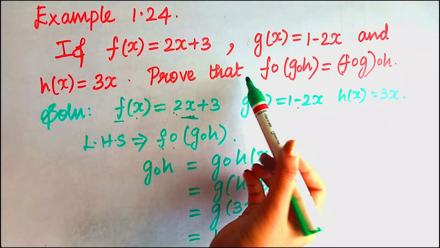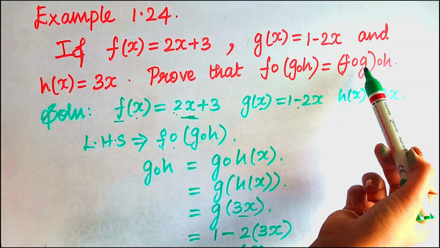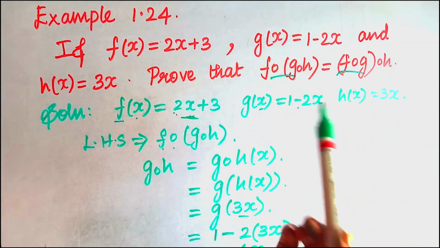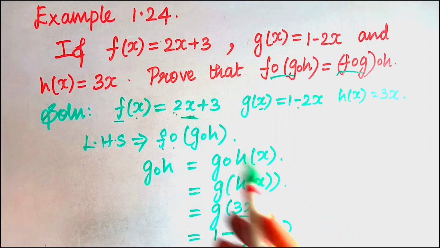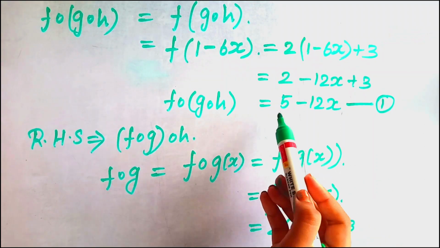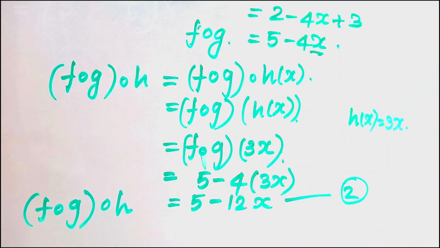Here we have to prove whether (f∘g)∘h is equal to f∘(g∘h). We have to check whether both are equal, which means whether the first equation and the second equation are equal. This is our first equation, 5 minus 12x, and this is our second equation, 5 minus 12x.